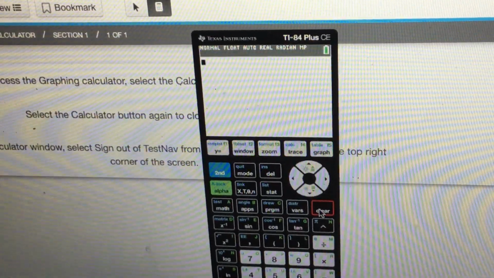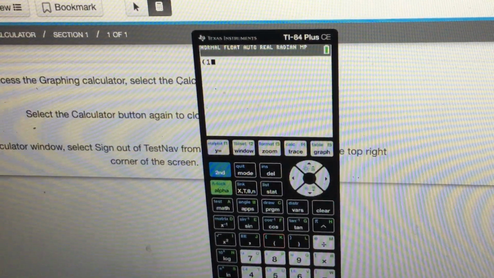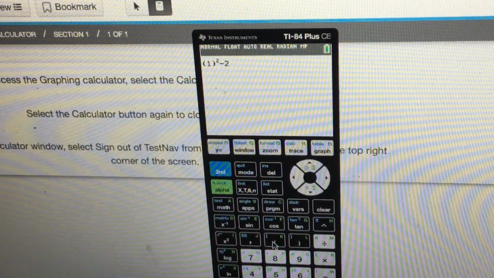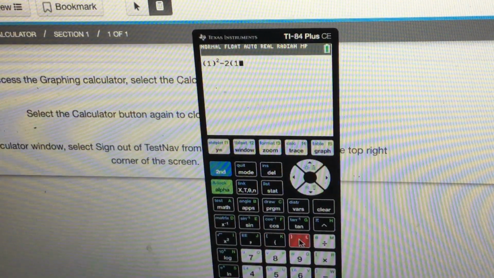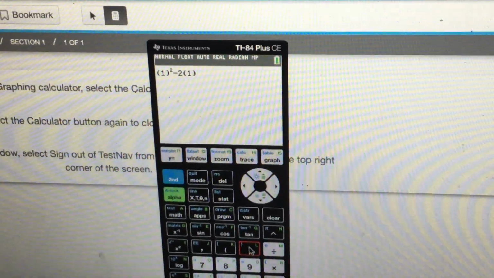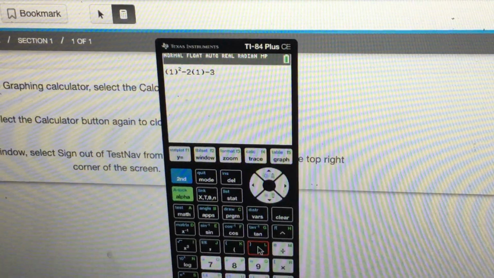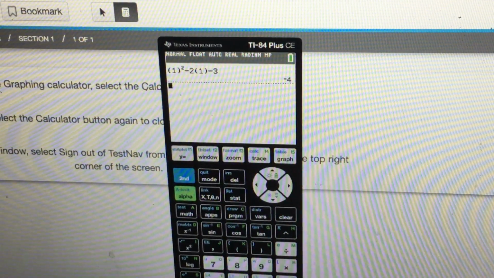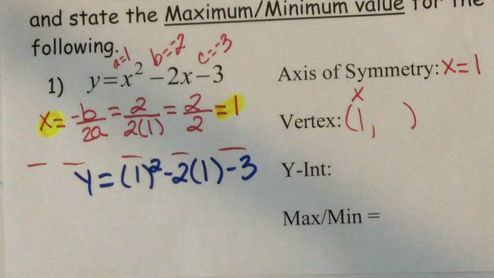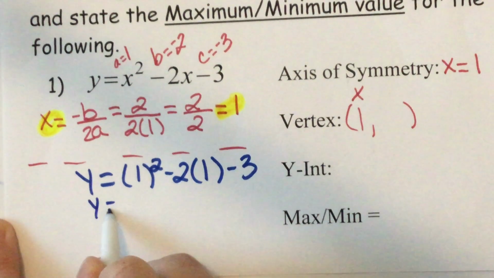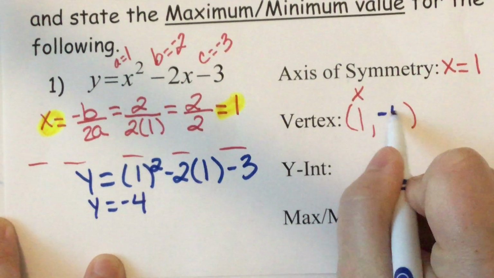All right, so parentheses, 1 squared minus 2 times 1, and then -3. Okay, and then I'm going to hit enter, and I get -4. So that is the Y value of my vertex.